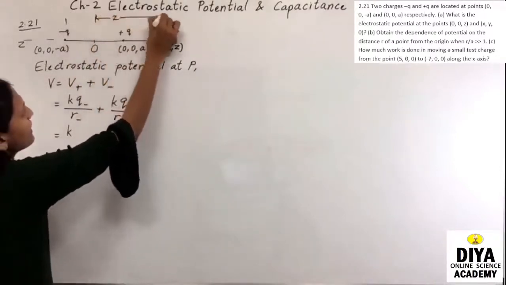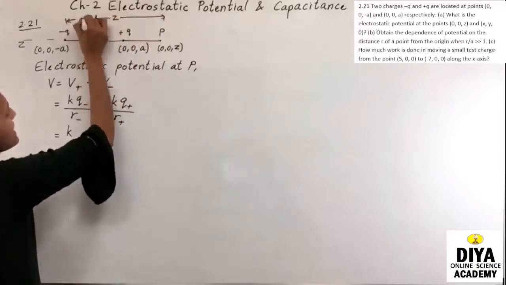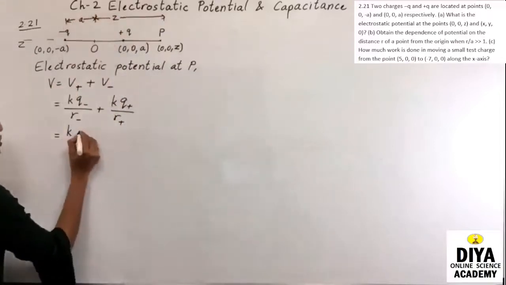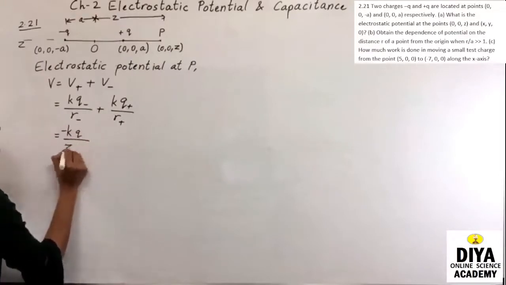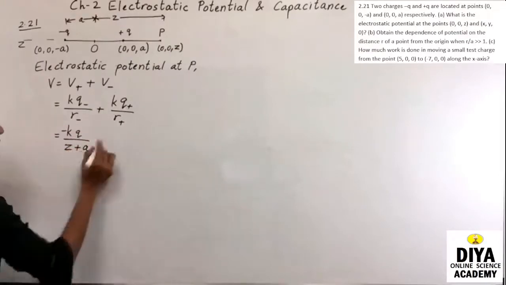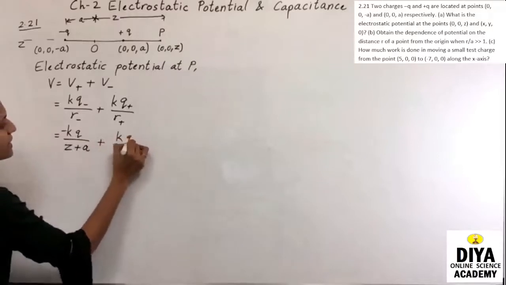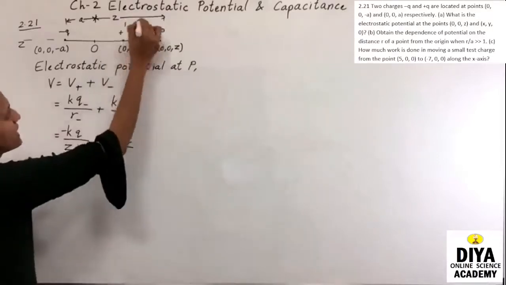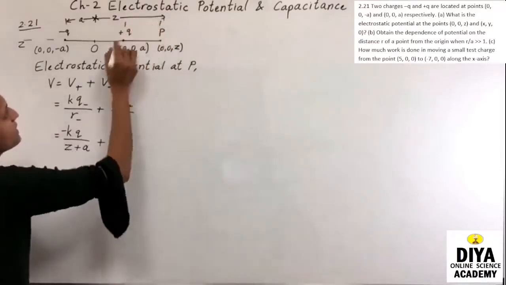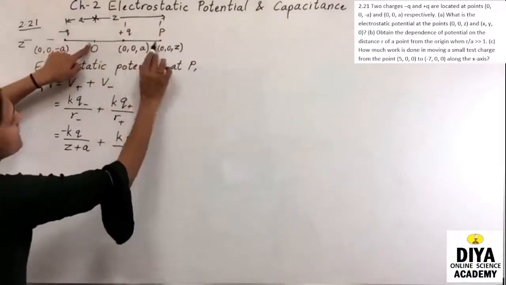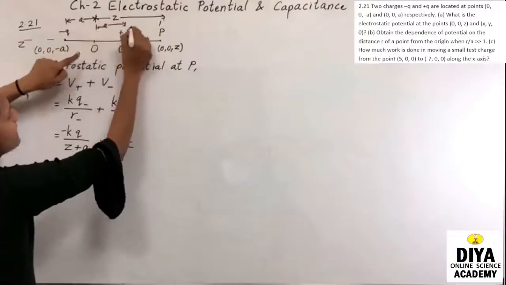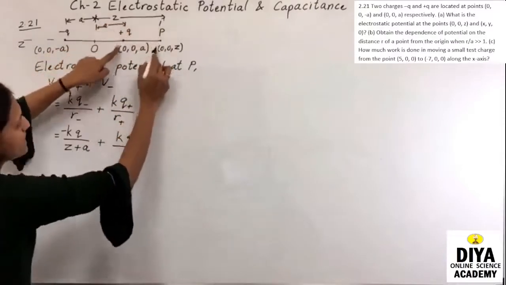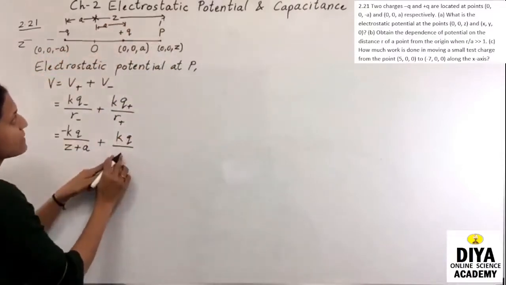Z, and this distance is A. So KQ upon Z plus A. KQ, the positive charge, is at a distance... this is Z, this distance is A, and we have to find this distance, which should be written as r plus.